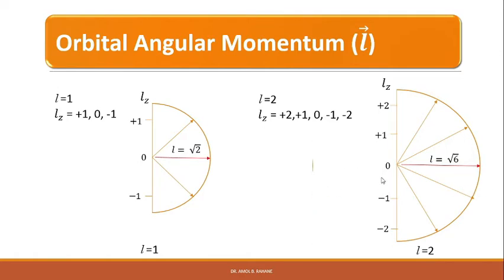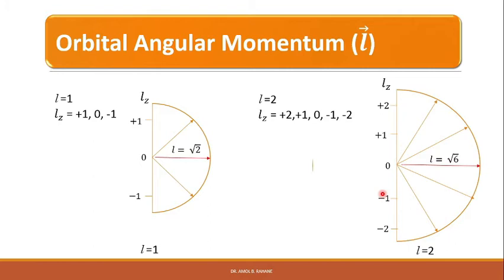Usually the orbital energy of the electron depends only on the magnitude and not on the direction of its angular momentum, and thus the 2L plus 1 values of Lz are all degenerate, that is, at the same energy.